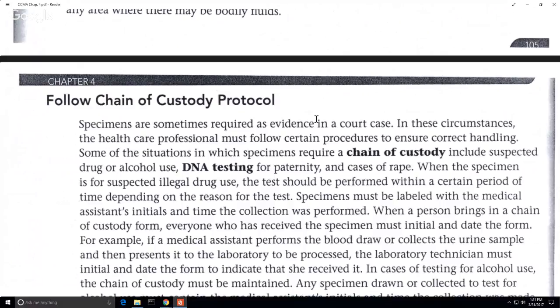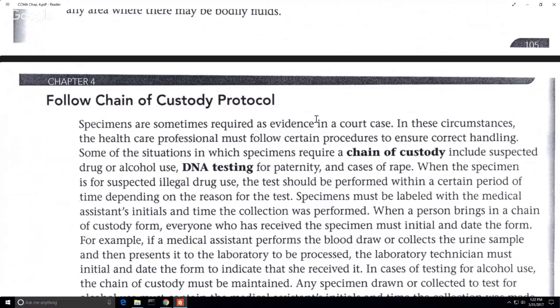Some of the situations in which specimens require a chain of custody include suspected drug or alcohol use, DNA testing for paternity, and cases of rape. That's where chain of custody is used.